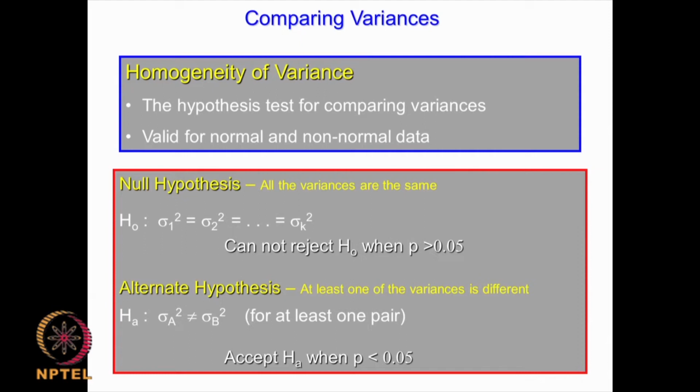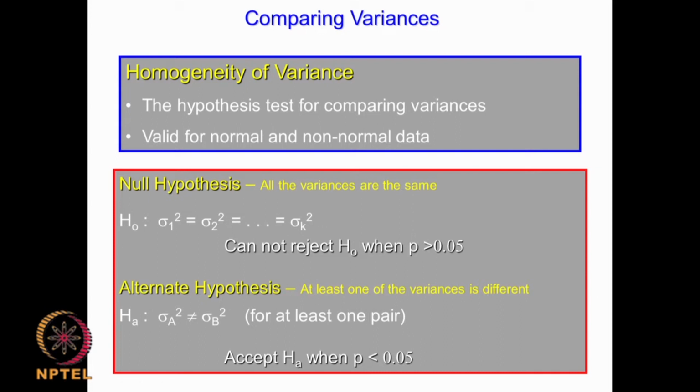In the F test, or another test called analysis of variance, we are comparing variances. This is valid for normal and non-normal distribution data sets also. When you are comparing variances, the null hypothesis will be sigma 1 square is equal to sigma 2 square and so on, where sigma is the standard deviation of the population.